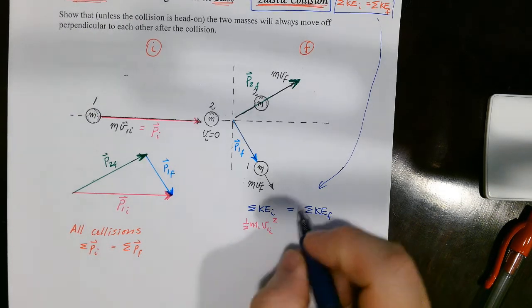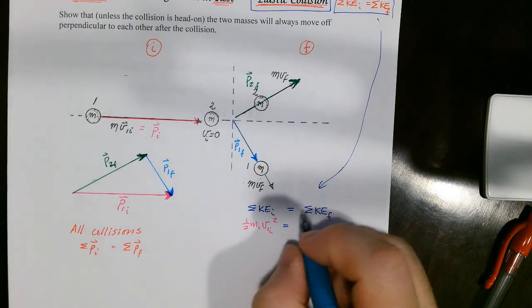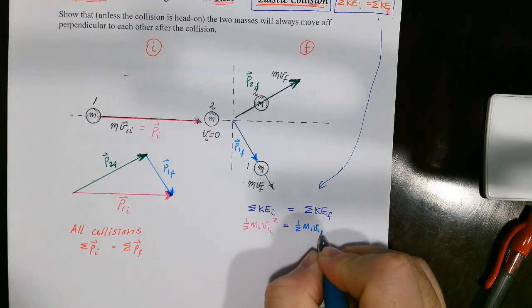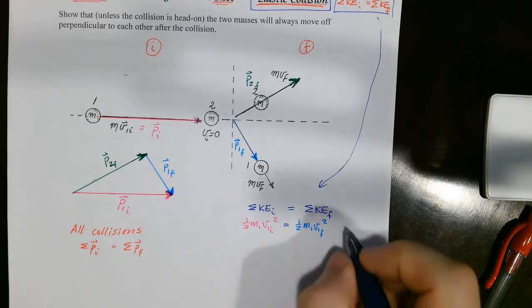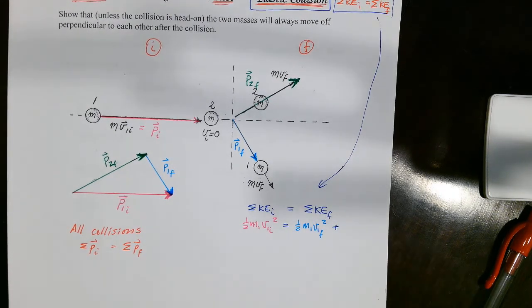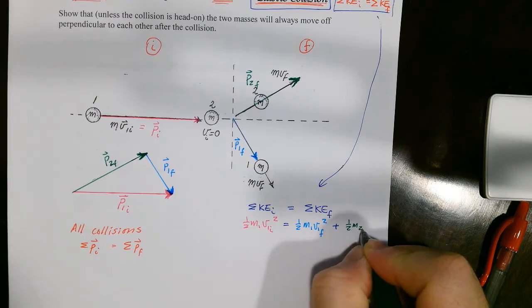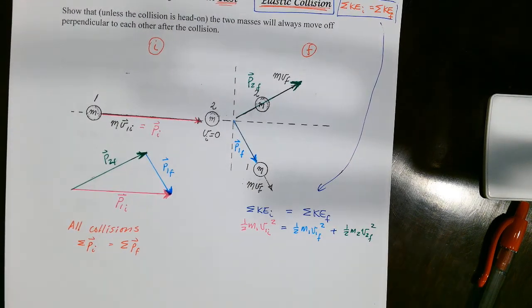That has to equal 1/2 m1 v1 final squared plus 1/2 m2 v2 final squared.